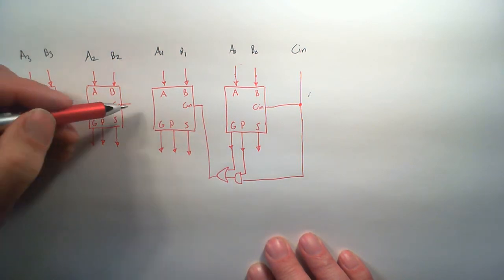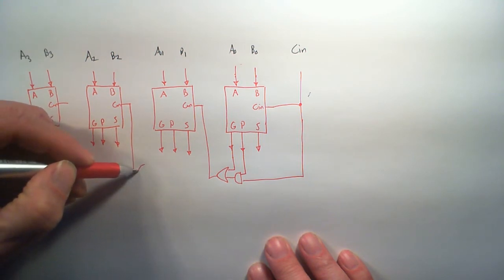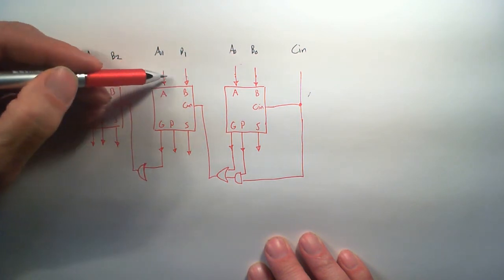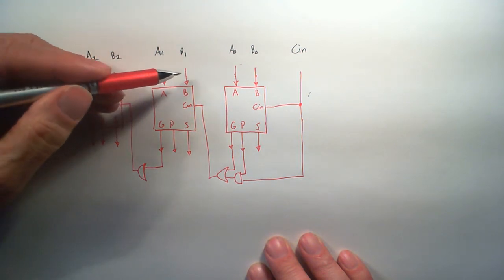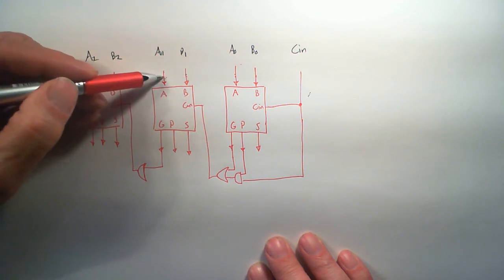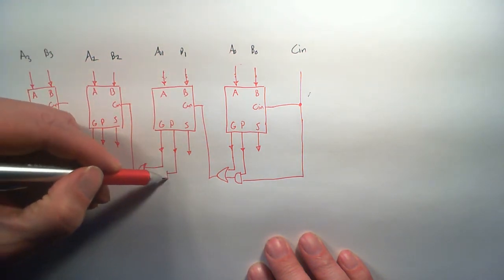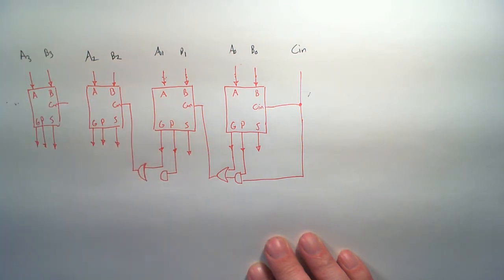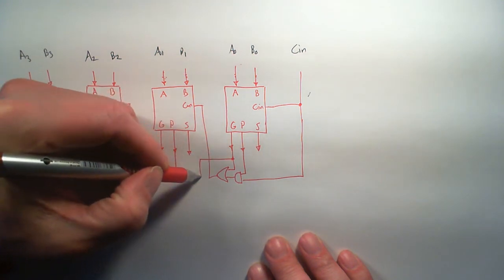In the same fashion then, this carry in is going to be driven if I generate a carry from this stage, right? Because if that's a 1 and that's a 1, I know I'm going to drive a carry into the next stage. Or if that's a 1 and that's a 0, or that's a 0 and that's a 1, I'm going to propagate a carry from the previous stage, and that carry would arise if I generated a carry in that stage.